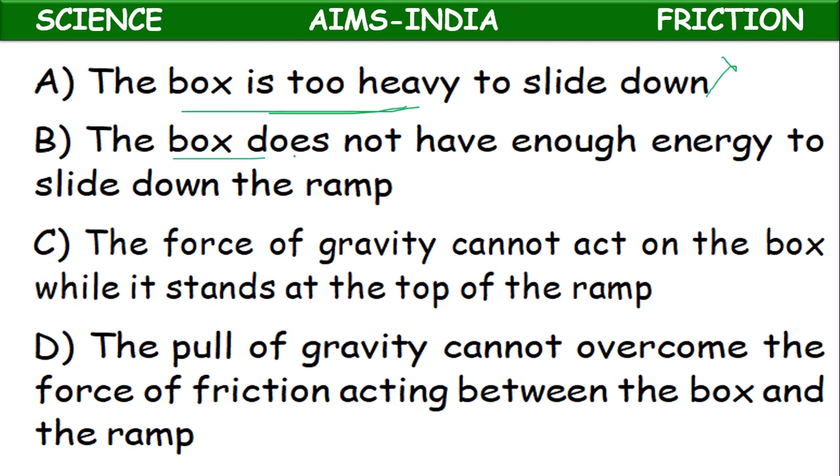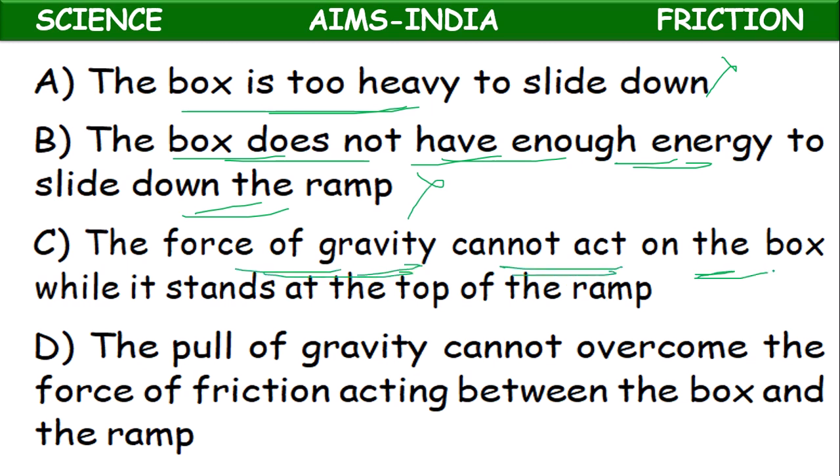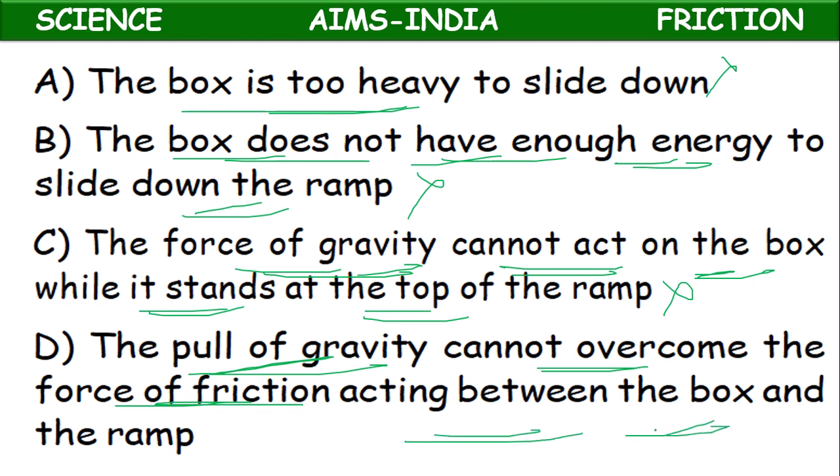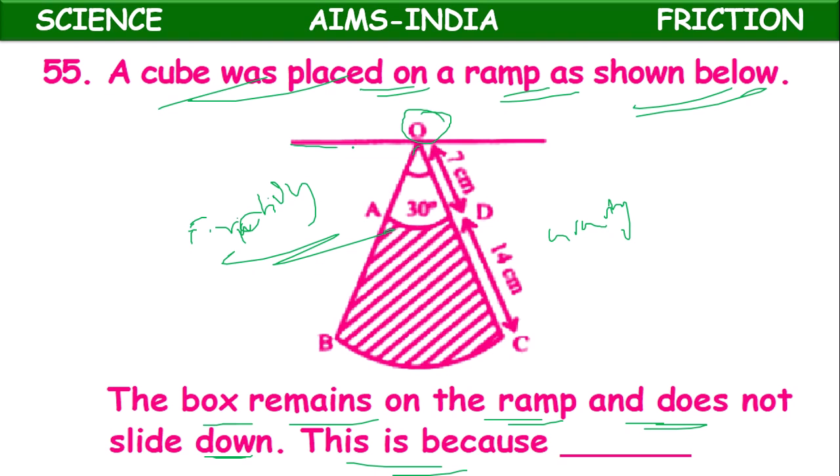Wrong. The box does not have enough energy to slide down. Wrong. The force of gravity cannot act on the box while it stands at the top of the ramp. Wrong. The pull of gravity cannot overcome the force of friction acting between the box and ramp. So this is the ramp, children.